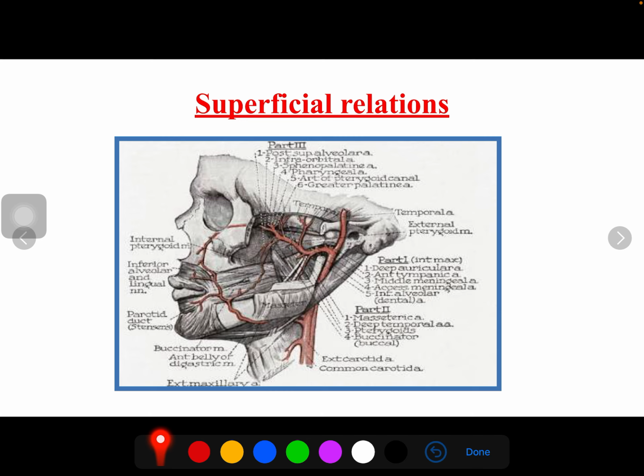The superficial surface of the lateral pterygoid muscle is related by the ramus of mandible, tendons of temporalis, masseter muscle, superficial head of medial pterygoid muscle, and the last one, that is the second part of maxillary artery. These are the relations of the lateral pterygoid muscle.